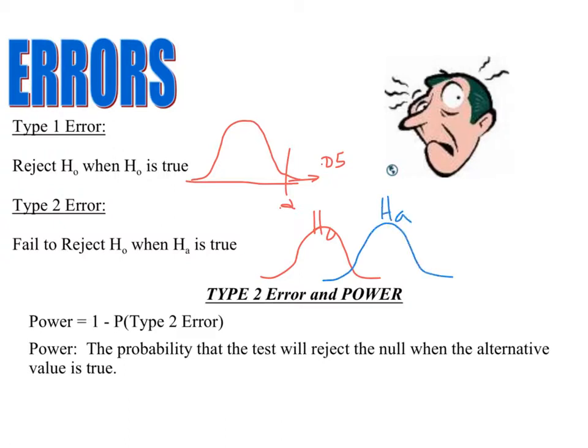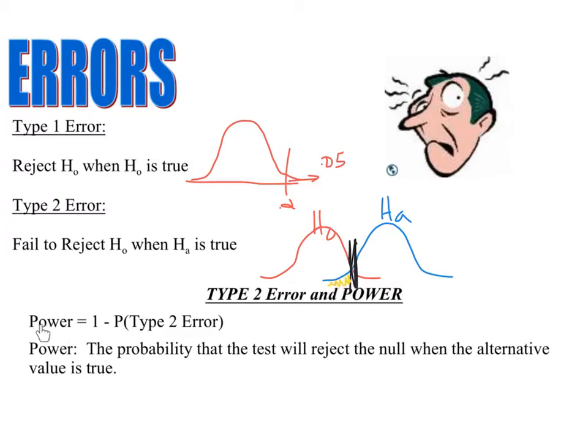So if I have a significance level like this, the stuff that is right here in the tail of the alternative would cause me to fail to reject because it's to the left of the black cutoff, this significance level, and yet it's inside the alternative's curve. So this is type 2 error.